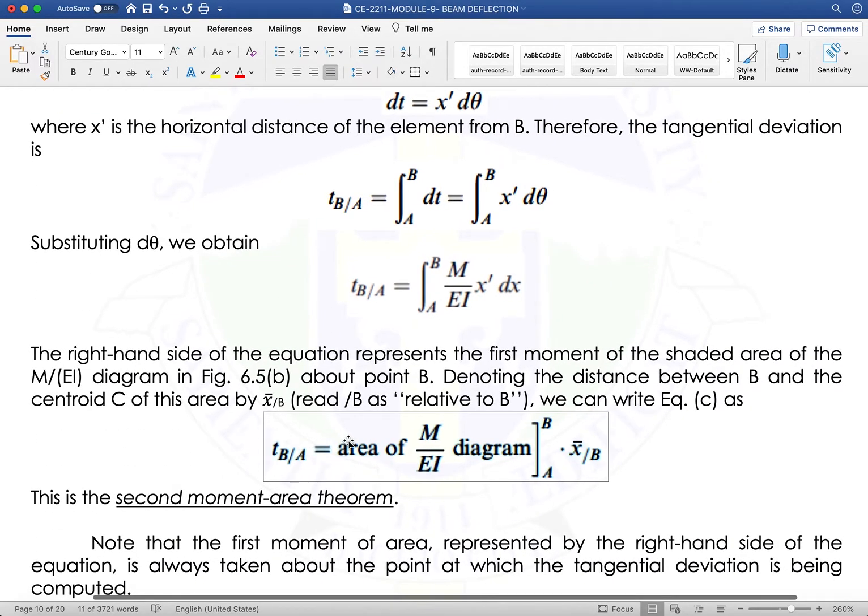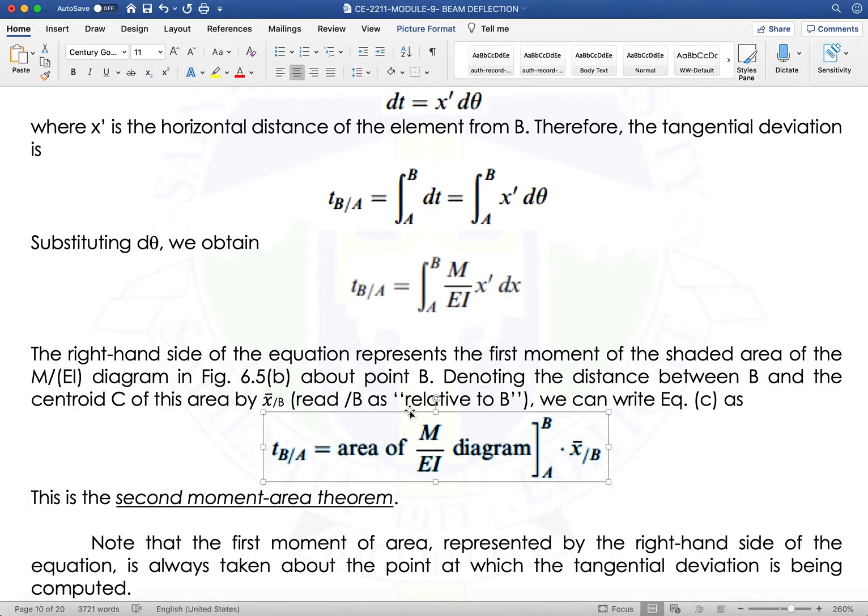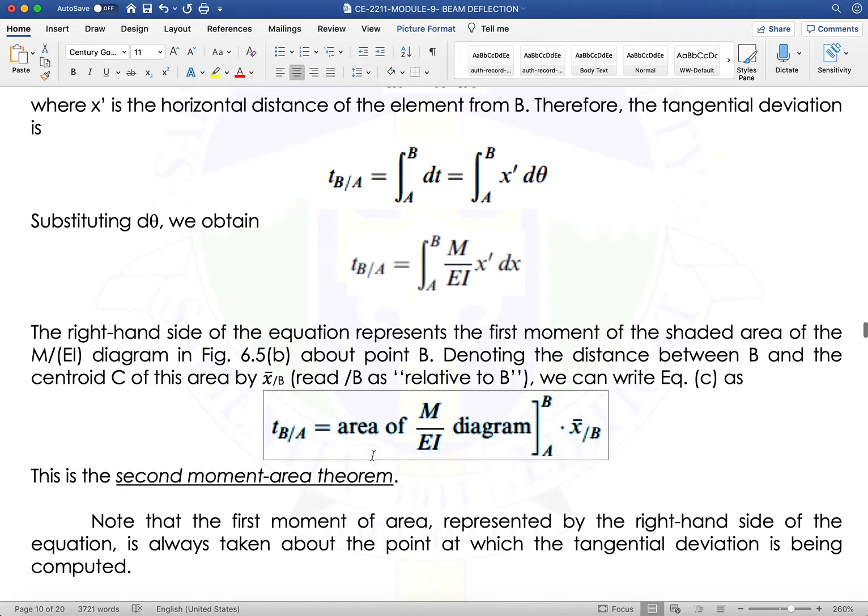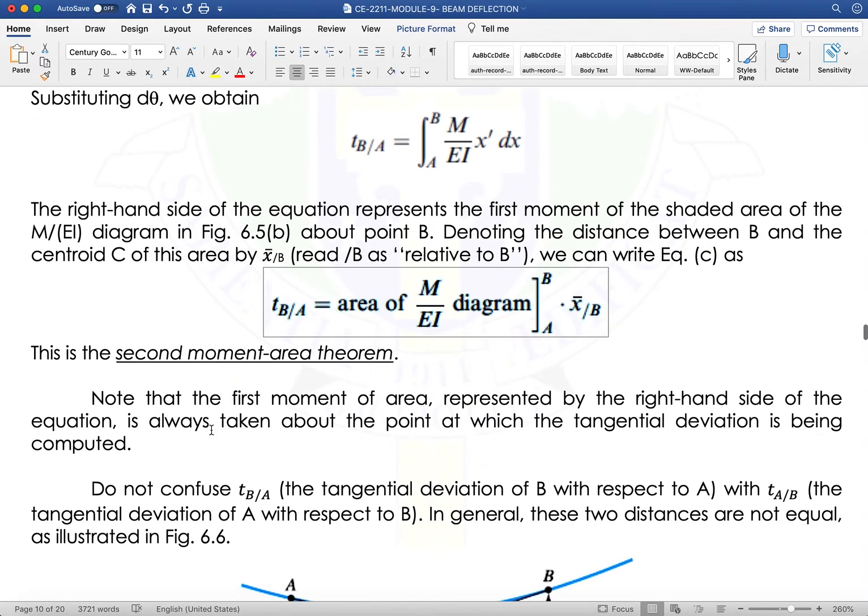So, we can express this equation as the tangential deviation of B with respect to A is equivalent to the area of the M over EI diagram, evaluated from point A to point B, times the lever arm x bar with respect to B. So this is our two equations. So that is the second moment area theorem.